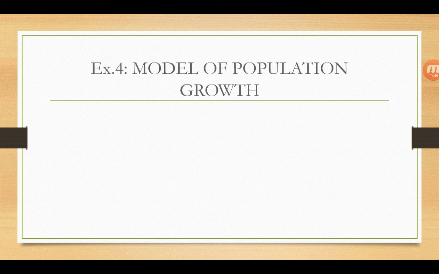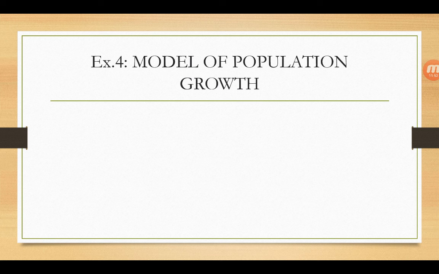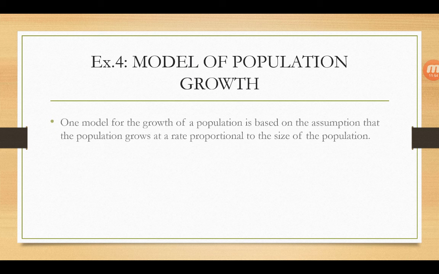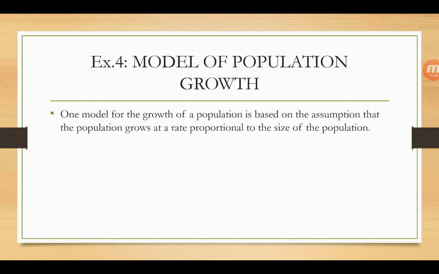One more example, model of population growth. Here, to model the population growth, the assumption that we are going to follow is that population grows at a rate proportional to the size of the population.